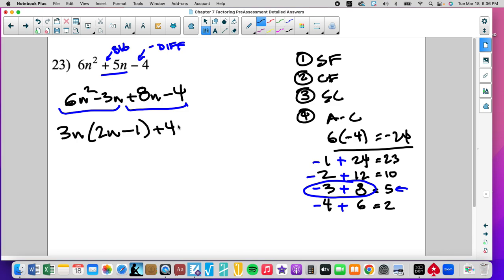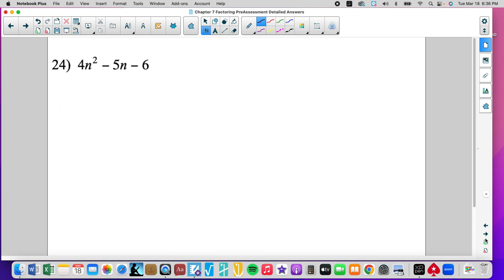Factor out a positive 4, because my first term is positive. 2n minus 1, 2n minus 1, 3n plus 4. Good on you.